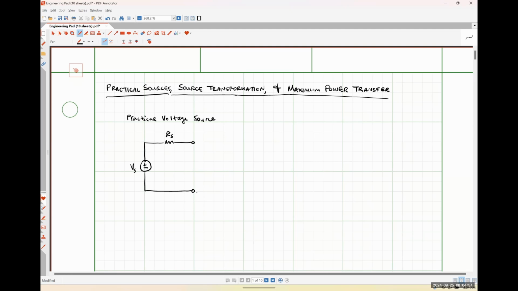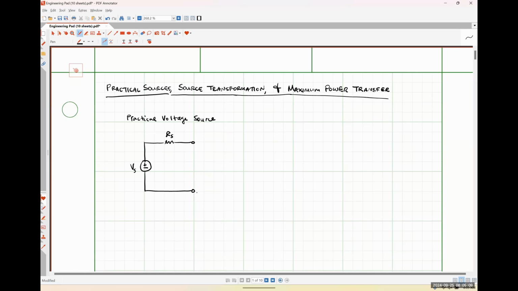So can anybody think about what the purpose of that resistor Rs is in a practical voltage source? Or let me ask the question in a different way.